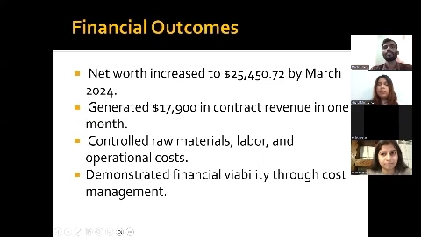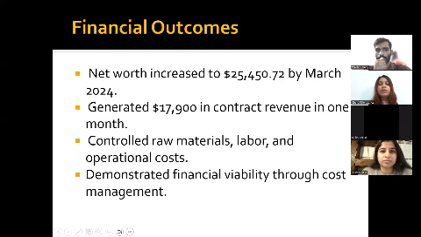In just one month, we achieved significant financial milestones. As shown in the slide, our net worth grew to approximately $25,450.70 by March 24, showing steady progress, where we also generated $17,900 in contract revenue in the same period, which highlighted our ability to secure valuable deals.